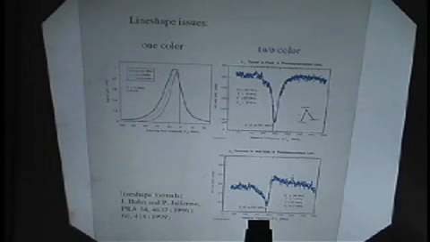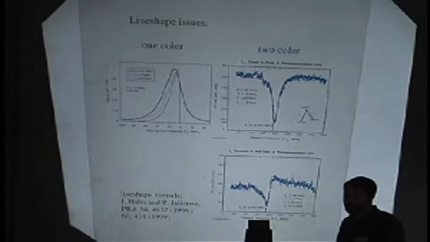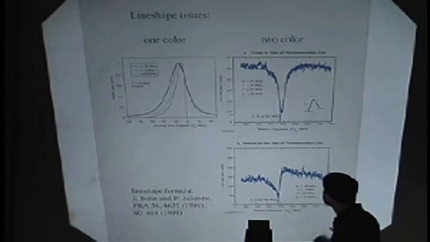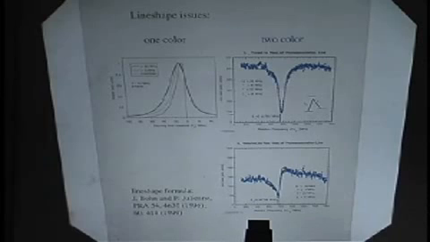If you do two-photon or two-color photoassociation, John Bohn and Paul Julienne worked out some two-color line shapes for this, and you can get these nice dips that I was showing you. But beware a little bit. This nice dip is found by not photoassociating to that resonance.